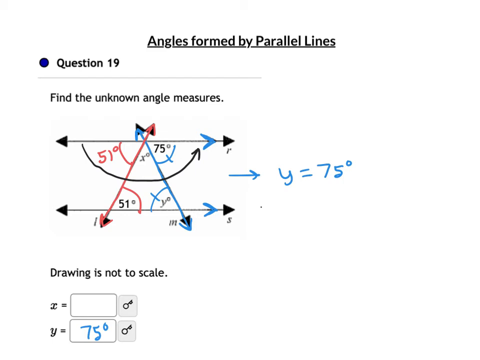So I'm going to have to take 180 degrees and subtract off the 51 degrees and subtract off the 75 degrees, and that's going to give me x. 180 minus 51 minus 75 ends up being 54. So x here has got to be 54 degrees to make those three add to 180. 54 degrees is our answer for x.